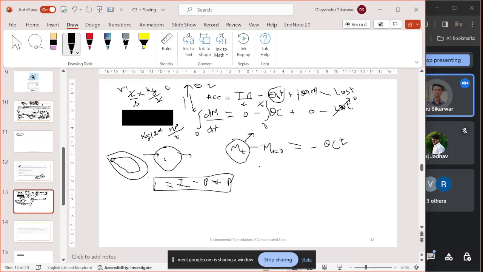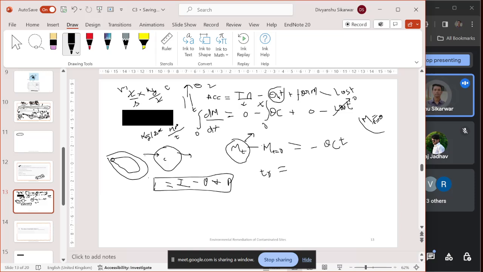So if I want to calculate the time for remediation, like how much time it will take to remove this complete mass of contaminant which is present at t equal to 0, I can calculate it as t.